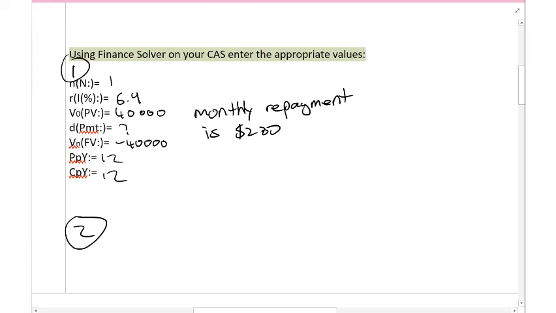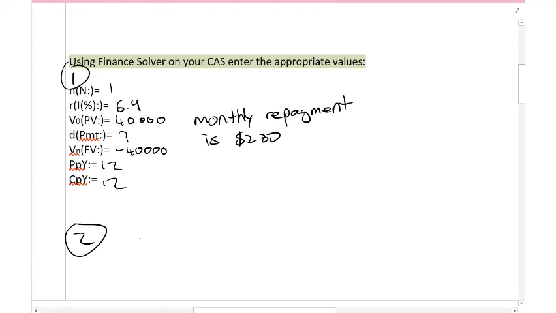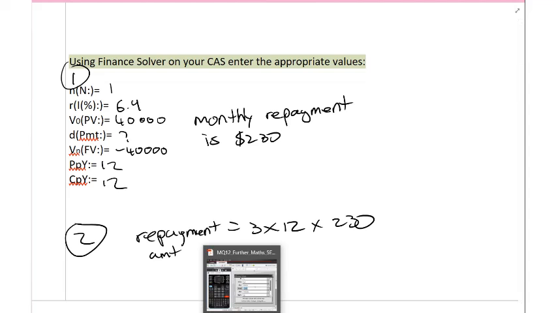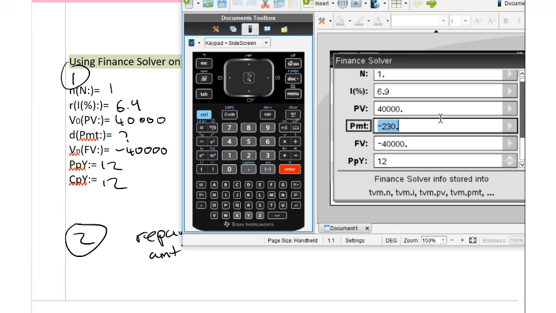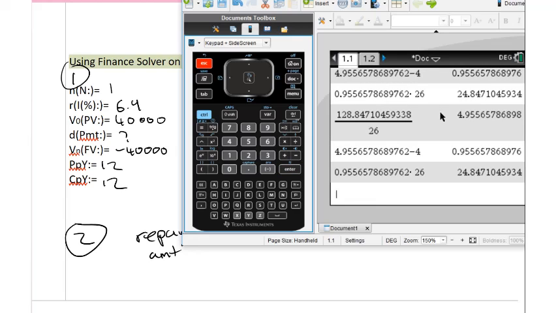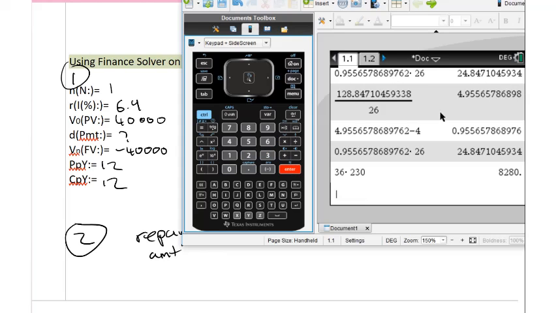So how many repayments? 3 years times 12, and multiply that by the repayment amount of 230. That's 36 times 230, which gives me 8,280.